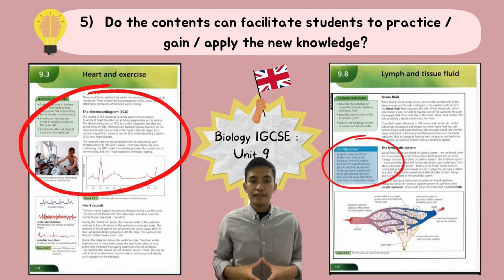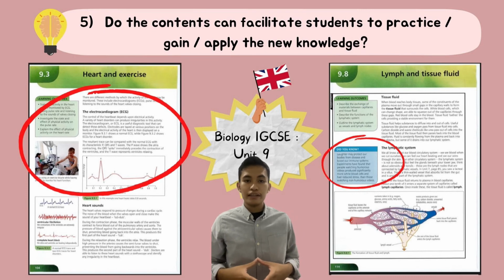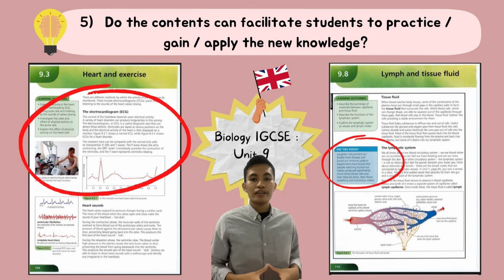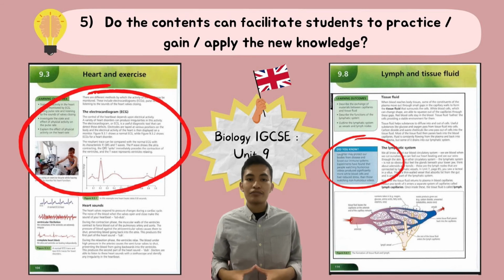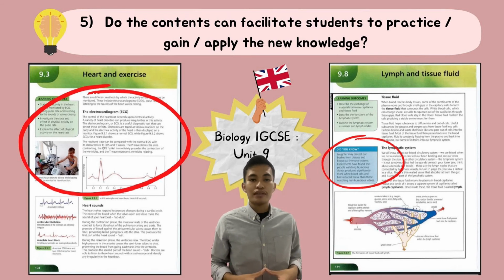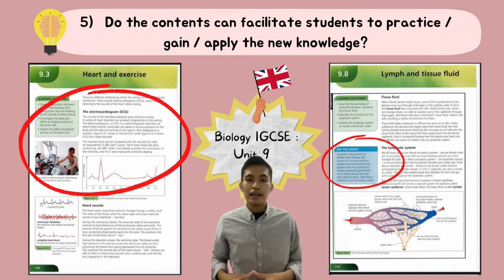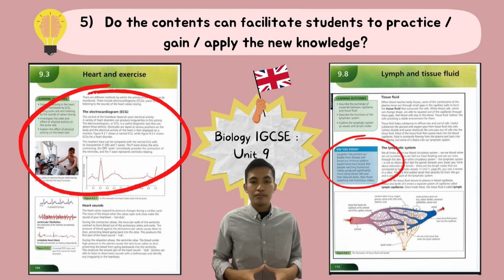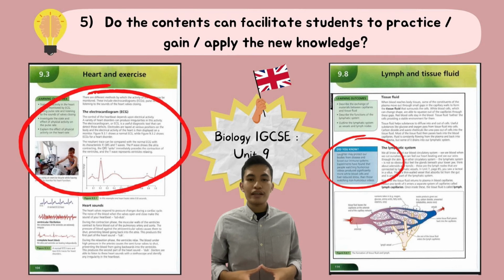In IGCSE, in subunit 9.3 of Biology, it explains the electrocardiogram, ECG, and its function, but this time the explanation is in the main text of the subunit, not in the small box as circled in the picture. But it still facilitates students to gain and apply the knowledge when they use the ECG.